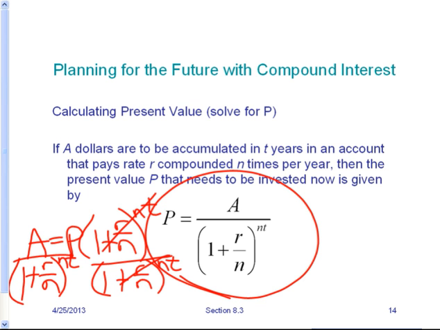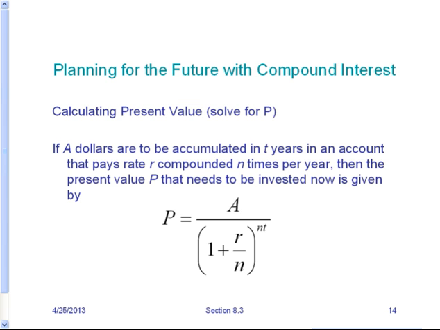Here's the present value formula, which really is not a different formula, it's just solving for a different variable. So what we're looking for is the present value or the principal. I know the amount, and I'm trying to find the present value.